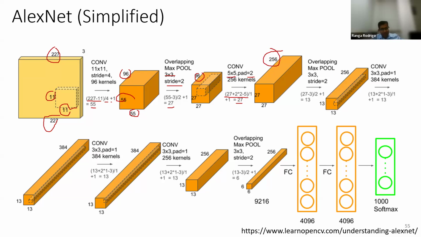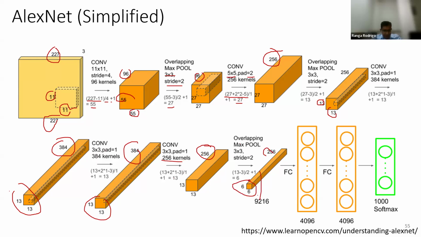Then again max pooling, so the size becomes roughly half, and again convolution, so the size remains because of the padding, and that many convolutions, 384 convolution kernels. Then again convolution, the size remains because of the padding, and 384. Then again convolution, 256 kernels, and you can see the numbers here. And then max pooling, and the size becomes 6 by 6 by 256.